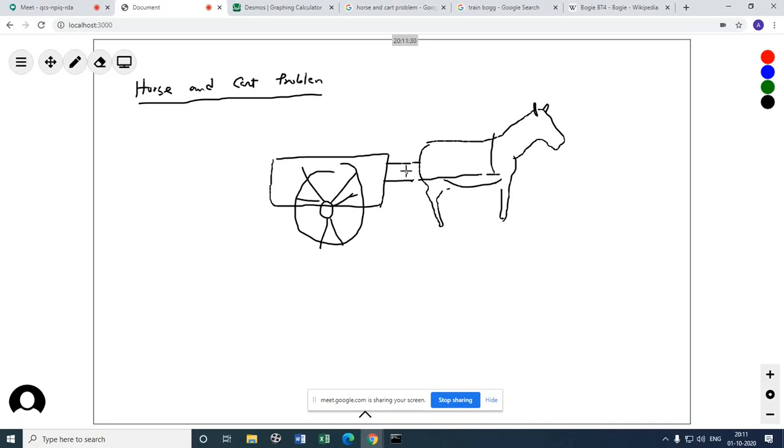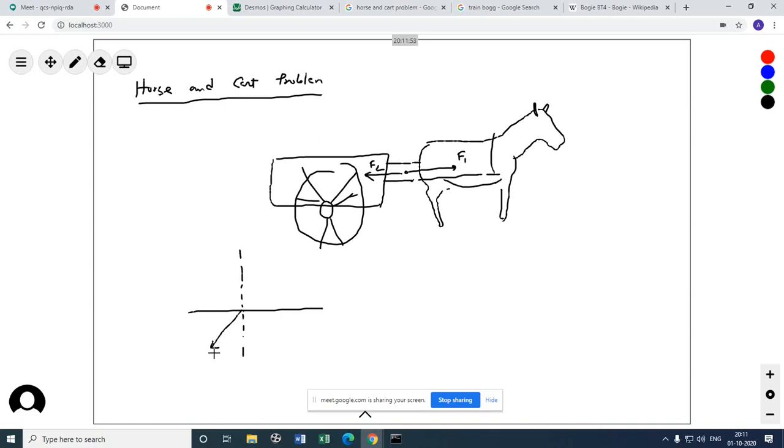So if this fellow is pulling this one, this is also pulling this fellow back. So they should cancel each other. How come they are moving? The answer lies in that. The answer is that the horse has to hit the ground at an angle theta, which I have already explained to you earlier.